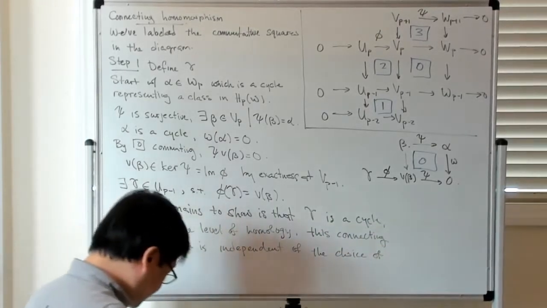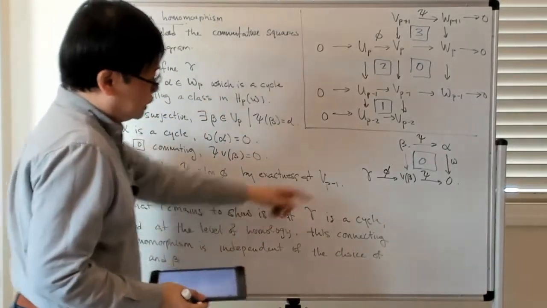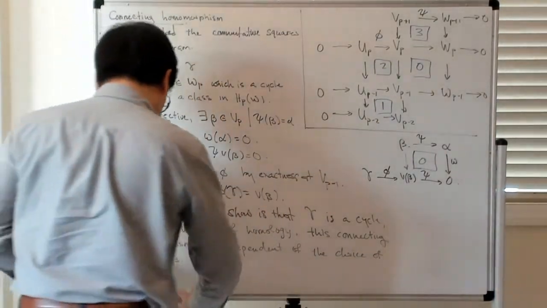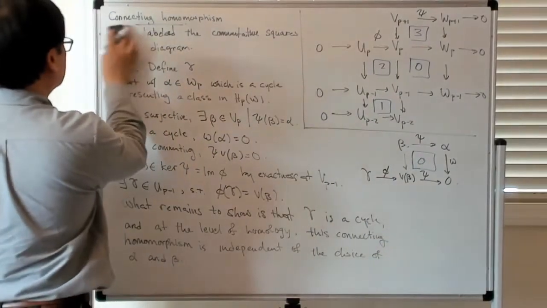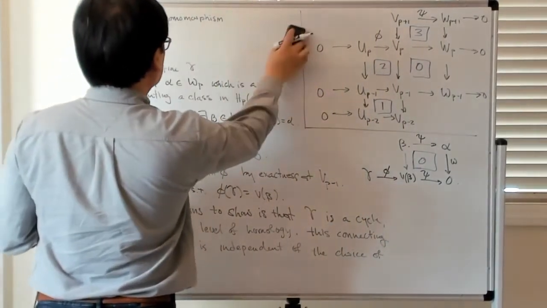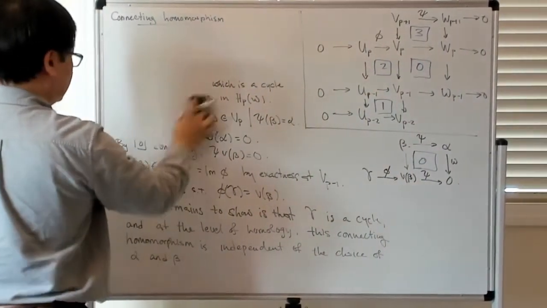So this is what we have so far. Let's try to show first that gamma is a cycle.